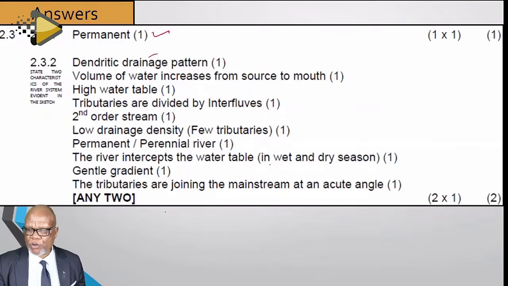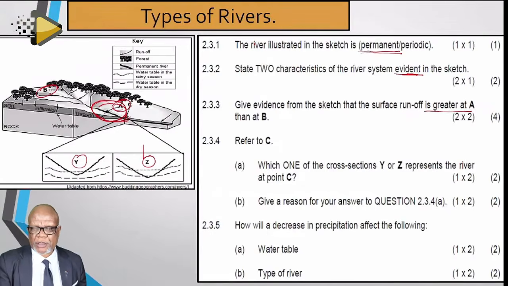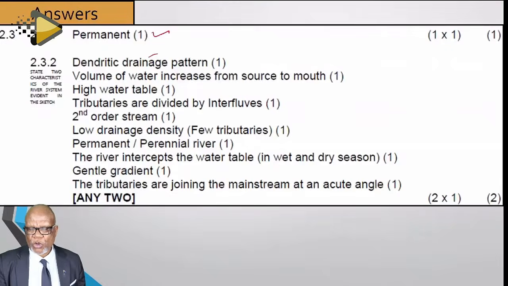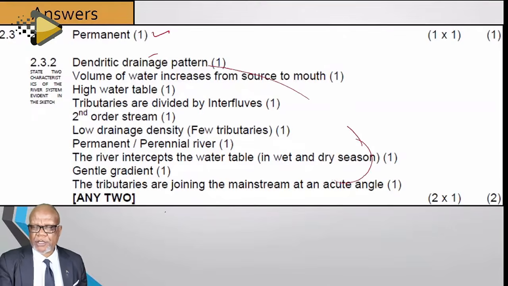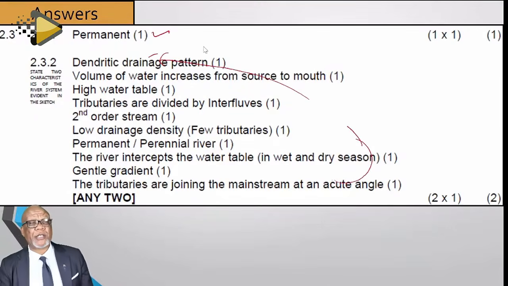The river intercepts the water table in wet and dry season. And there is a gentle gradient, not so steep. What else can you see? The tributaries are joining the main streams at acute angles. Because we said the river is dendritic, those are the characteristics of a dendritic pattern.